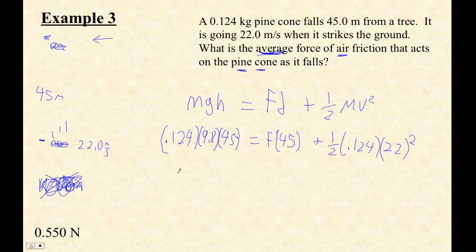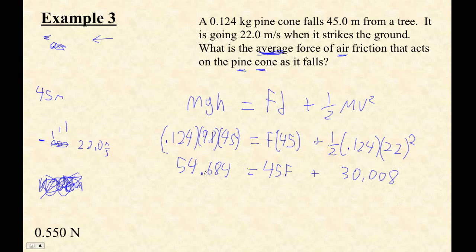Okay, so let's bust these out. 0.124 times 9.8 times 45 is 54.684. Equals 45 F plus, and then 0.5 times 0.124 times 22 squared, which is 30.008.